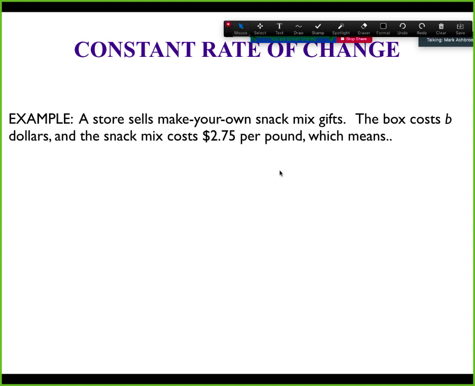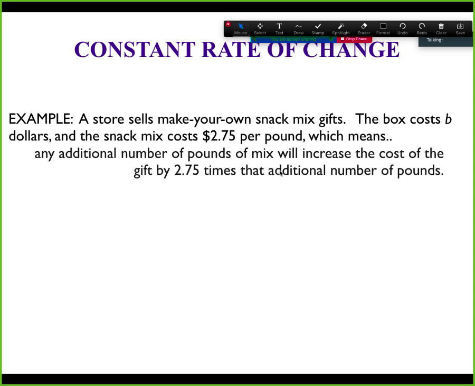So that's the difference between looking at X pounds or dx pounds, right? If there's X pounds, it doesn't cost 2.75 times X dollars. But if you have an additional dx pounds, the additional cost will be 2.75 dx. Do you see what I'm saying? Does that make sense? Any additional number of pounds will increase the cost by 2.75 times that additional number of pounds.